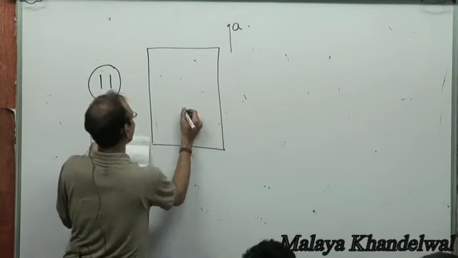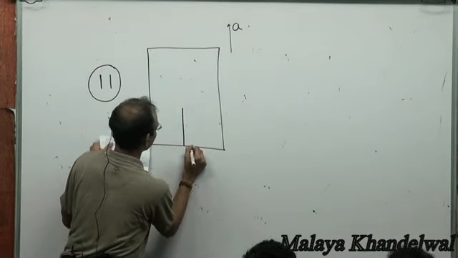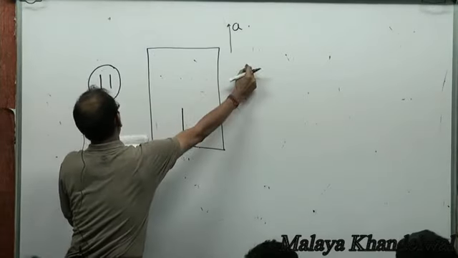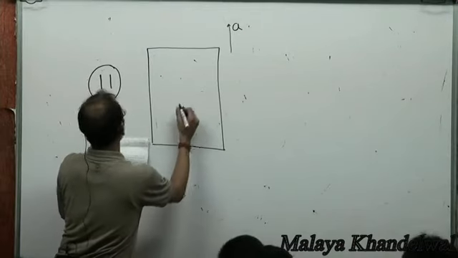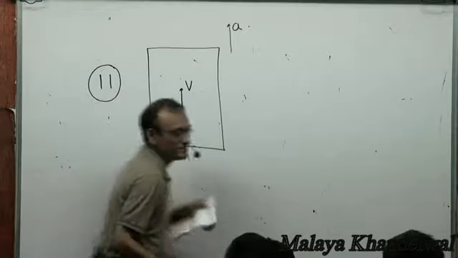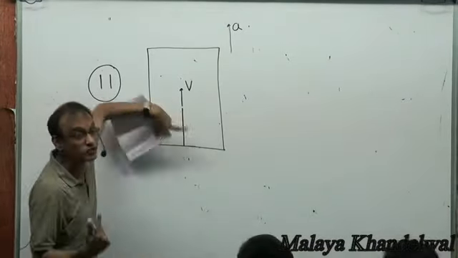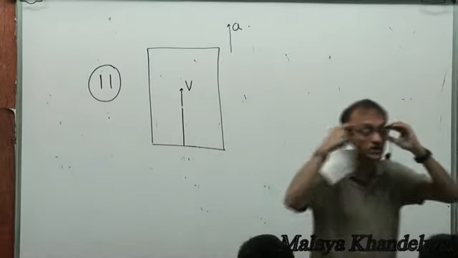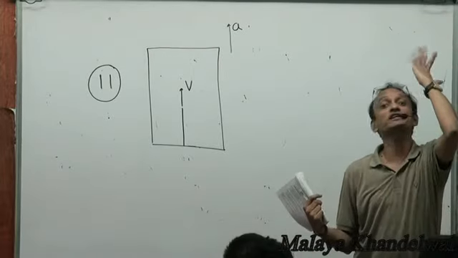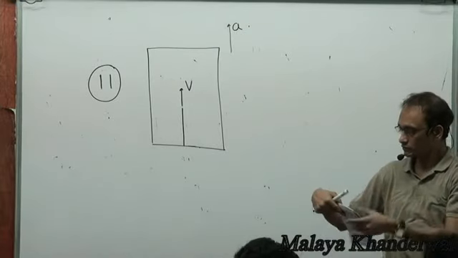A man in a lift ascending upwards with an acceleration A throws a ball vertically upwards with a velocity V with respect to himself, because when he's moving up, he has a non-zero velocity. So with respect to the man, that means with respect to the elevator, he has a velocity V upwards. You know what I'm saying?